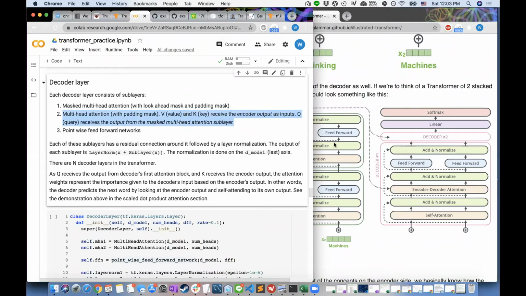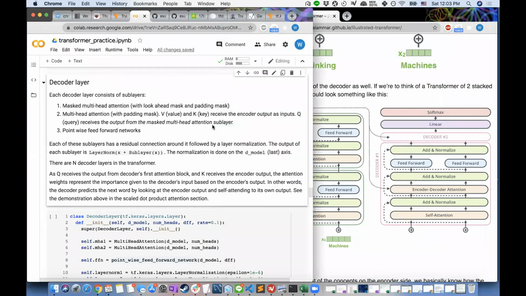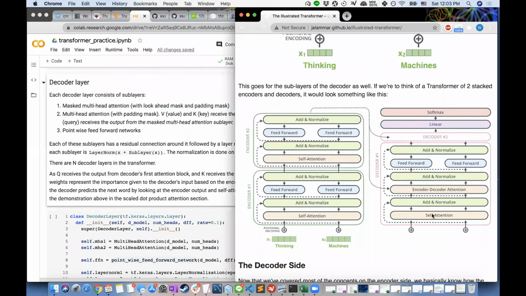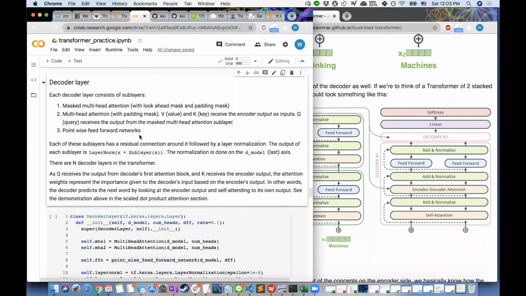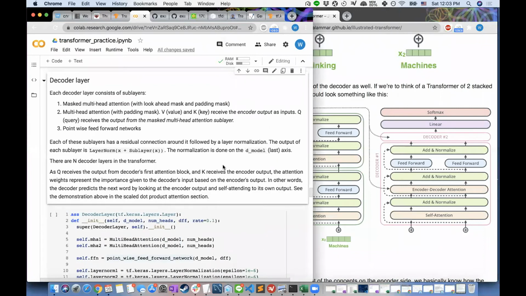And the Q comes from the previous output. The Q of this comes from this. And you have a position-wise feed-forward neural network, and the rest of it is just layer normalization. Add and normalize. So you have an add and layer normalization. Okay, is that clear?